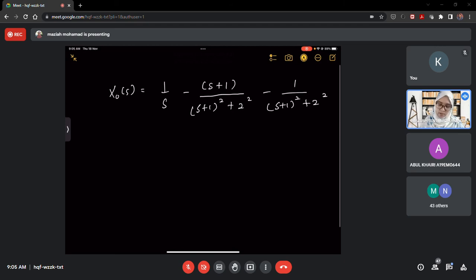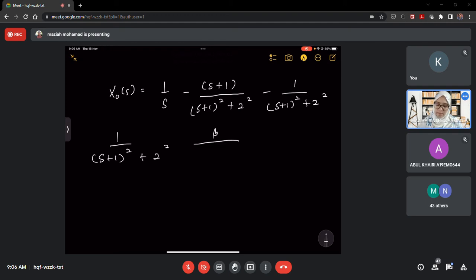Okay, so I'm going to write that 1 over S plus 1 square plus 2 square. Now we're going to refer to the table. From the table you can see it is similar to beta over S plus alpha square plus beta square. Correct.